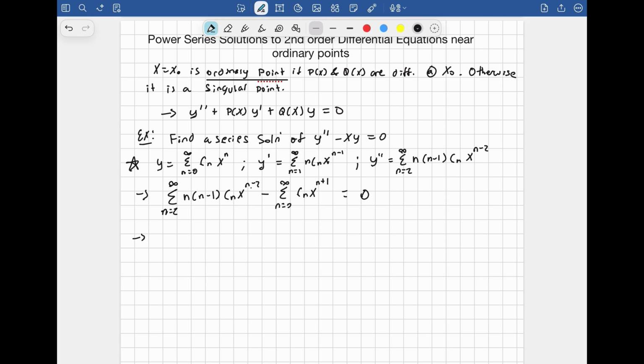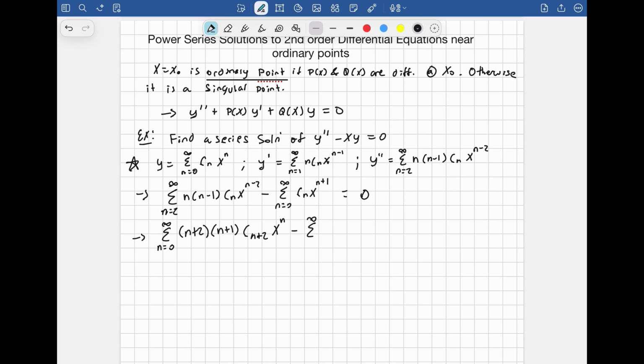So we want to decrease this to x to the n and increase this to x to the n. However, as we shift the powers, we also have to do the opposite in the indices. So for this one, we add 2 to the n's everywhere, and in the indices we subtract 2. It's going to end up being the same summation, but the indices start at 0, n plus 2 times n plus 1, c n plus 2, and x to the n.